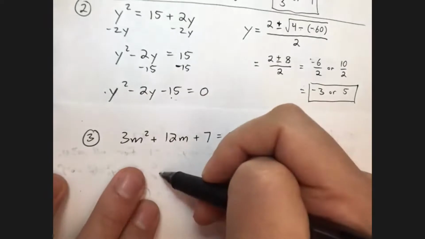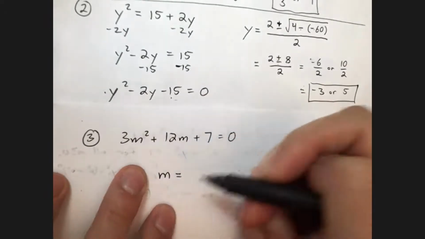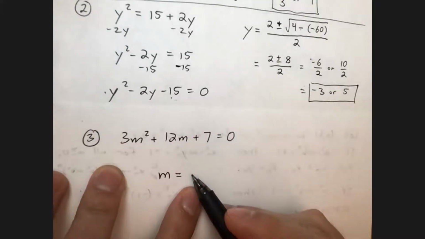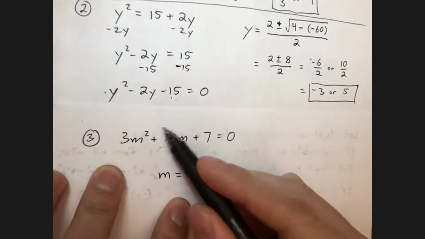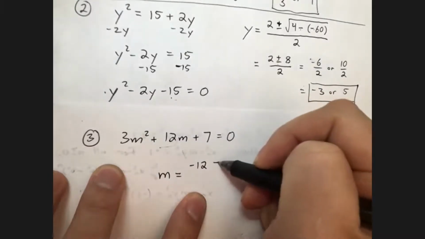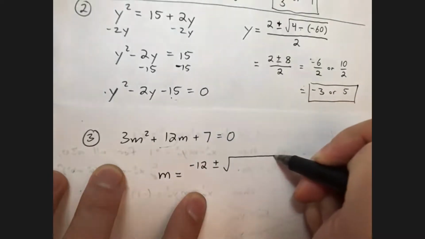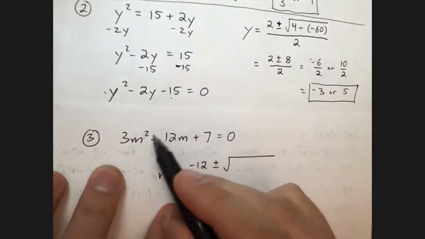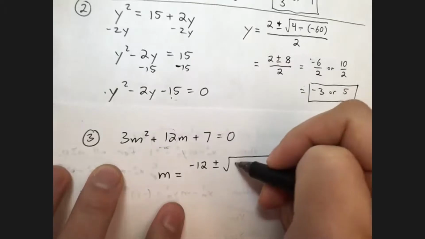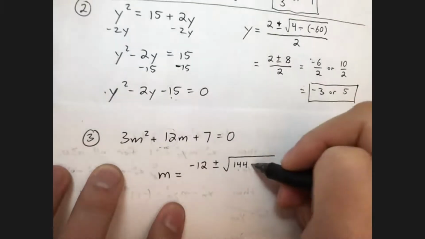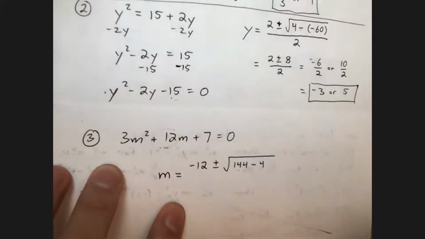I know that m is equal to, remember, it's negative b, so it's negative 12 plus or minus the square root of b squared, so 12 squared, that's 144, minus 4 times a times c.